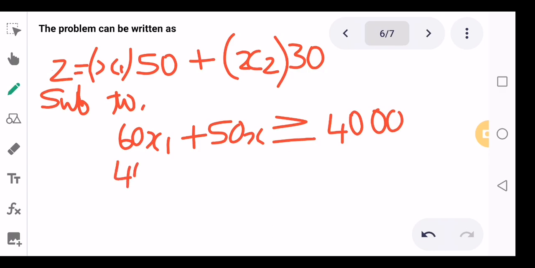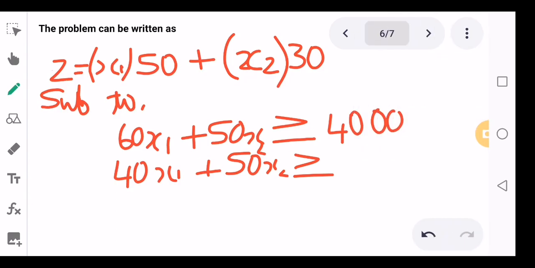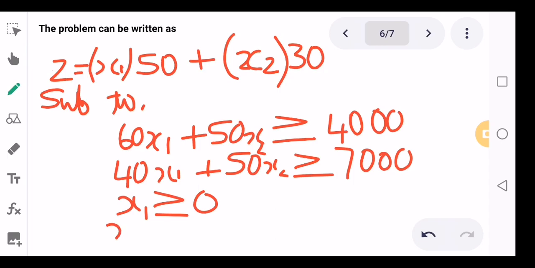Next is 40x1 plus 50x2 greater than or equal to 7000. And your non-negativity condition, that is x1 greater than or equal to 0, x2 greater than or equal to 0.